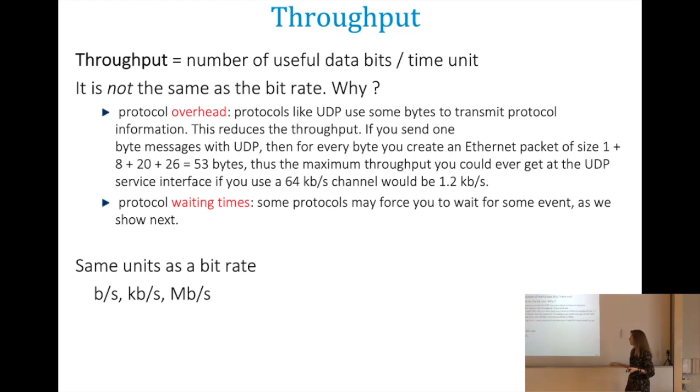And so at a given speed of 64 kilobytes per second, the maximum throughput you get is only 1.2 kilobits per second. Sorry, the speed rate was kilobits per second. So this is because of overheads, but you also have the protocol waiting times because of the acknowledgements, or when everything is blocked until a certain message is received. So this introduces a lot of delays.